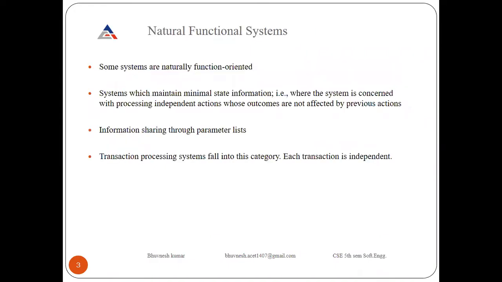Next, natural function systems: some systems are naturally function oriented. They are made according to the function oriented concept. These systems maintain minimal state information, where the system is concerned with processing independent actions whose outcomes are not affected by the previous action.